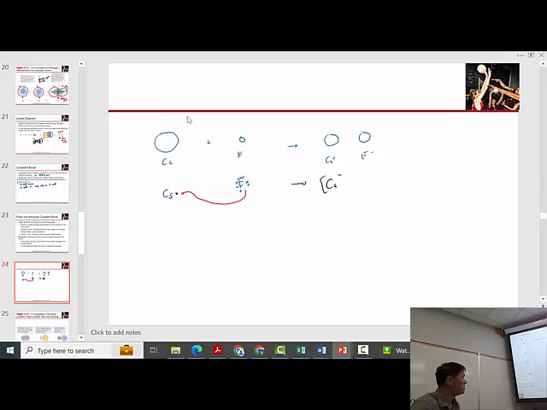So cesium's going to lose that. And so we'll just draw the Lewis dot symbol like this. There's no dots around cesium. And then fluorine's going to have 8 dots, 4 pairs, call it 4 lone pairs, like that. That'll be it. And this shows the ionic bond. So this would be the structure for this.